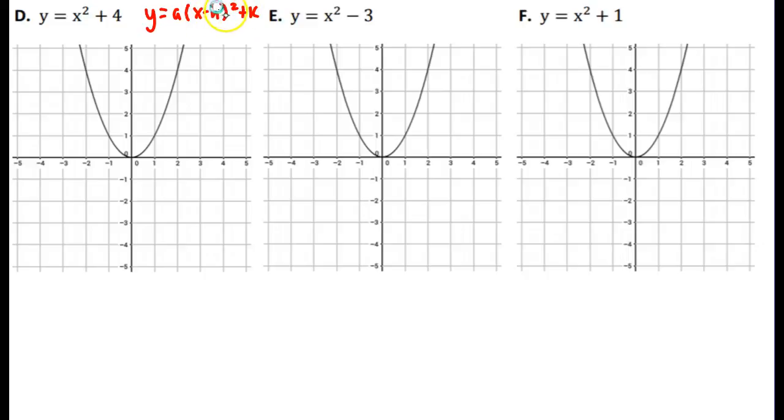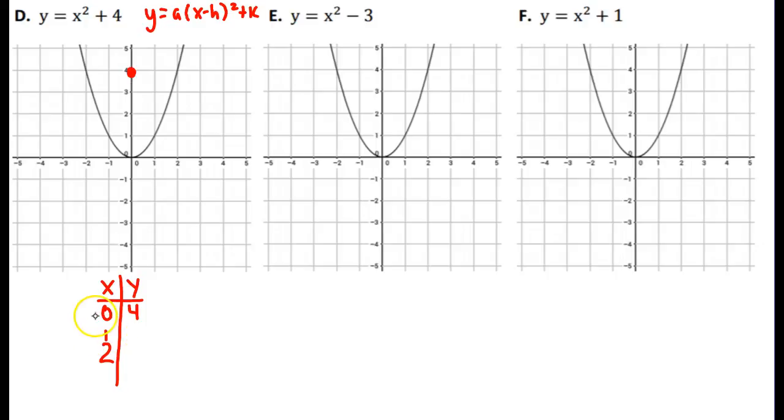Okay, so here's your x squared. I do have something after it. So here I have a plus 4. If we again choose points, since I don't have a graphing calculator, if I put in 0, 0 times 0 is 0, plus 4 gives me 4. So 0, 4 is a point on this graph.